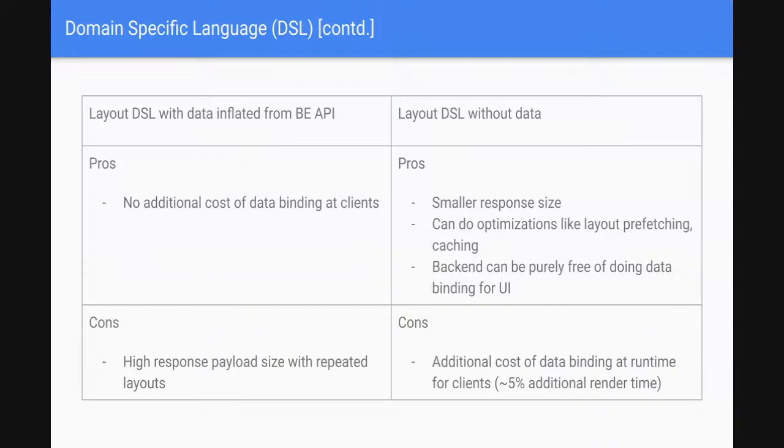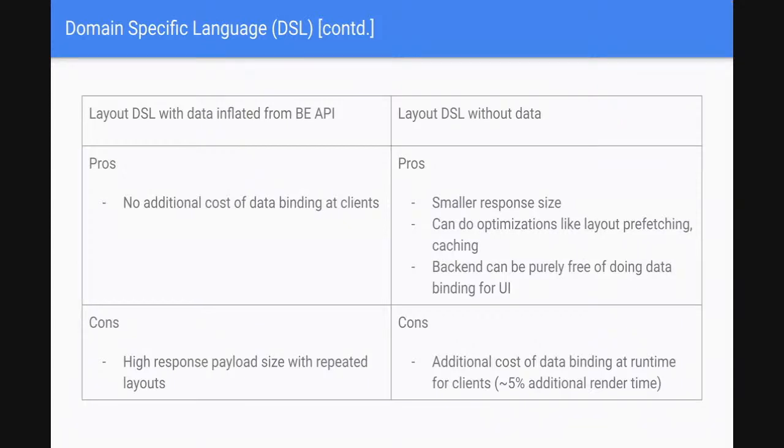The advantages were that we have a smaller response size now because the layouts are reusable, right? We can also do optimizations like layout prefetching and caching at clients if we want to. And as an added advantage, the backend can be purely free of doing any UI related constructs. So basically, backend doesn't need to fill in the data now.